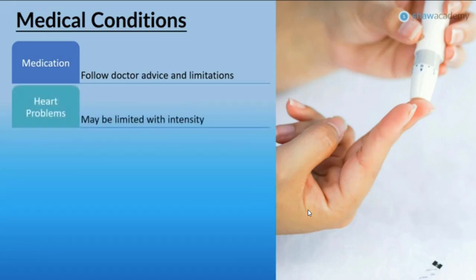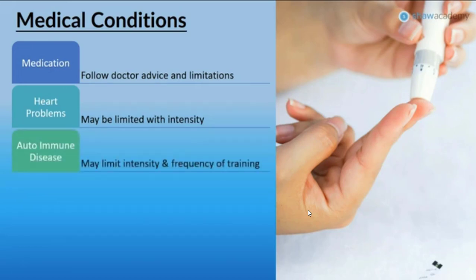Heart problems will generally be limited with intensity, and your doctor will specifically tell you either on how you're feeling or based on a maximum heart rate what you're allowed to work at. Okay? Autoimmune diseases like lupus, like Crohn's disease, again, will probably be limited in intensity and the frequency of your training, and you will have to know when you can and cannot train.